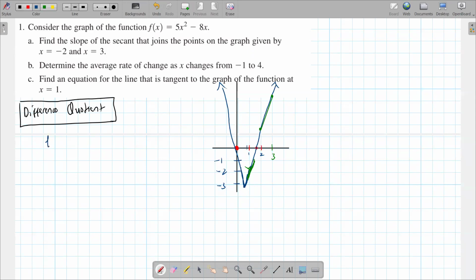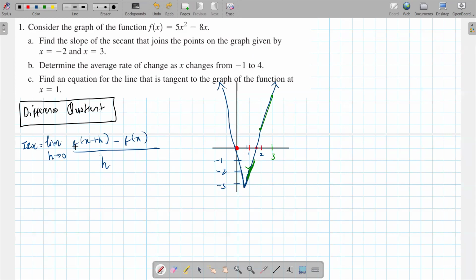What does it say? It says this. The slope, the IROC, instantaneous rate of change, is the limit as h approaches 0 of f of x plus h minus f of x, all over h. So for this, h is h, so we're not concerned with h.